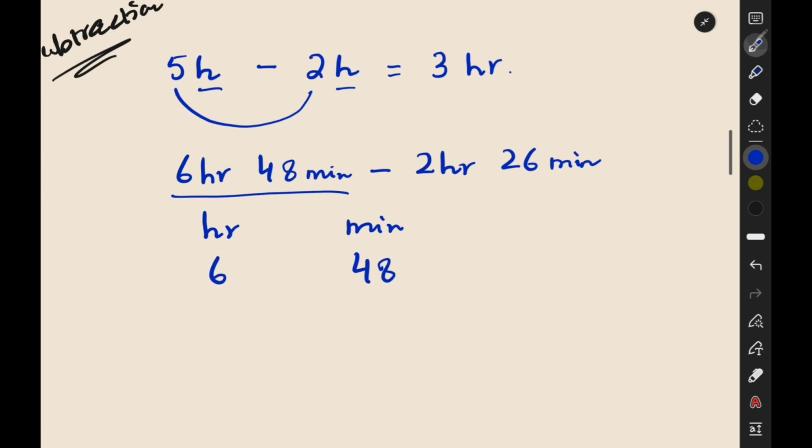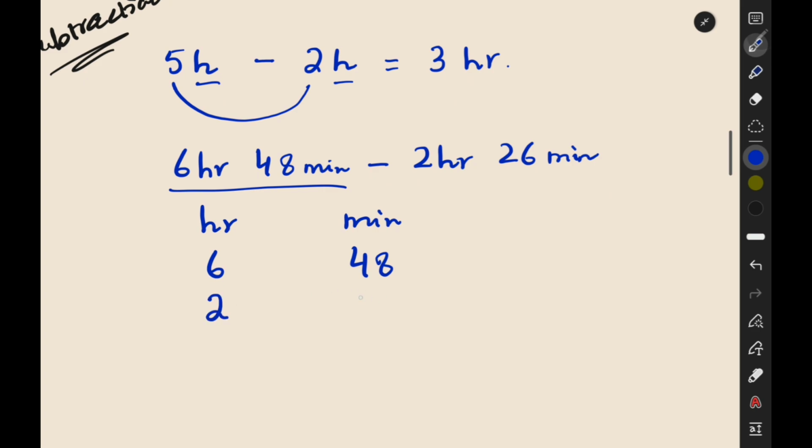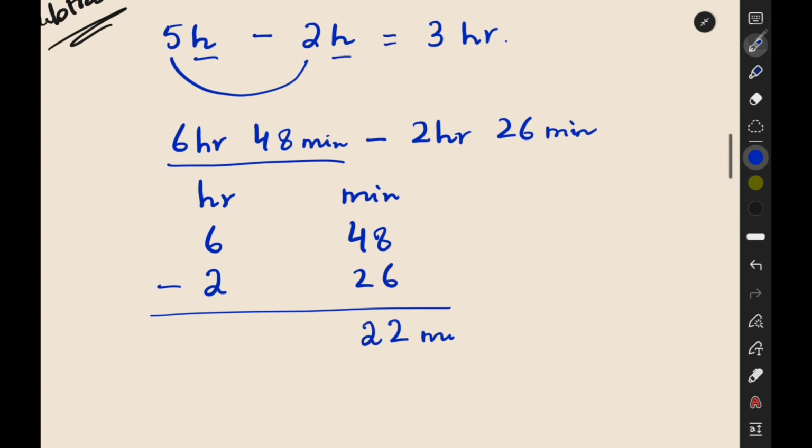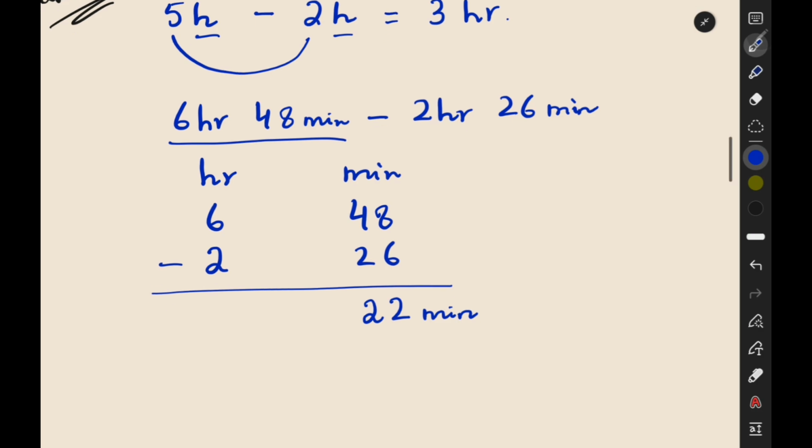The next one is 2 hours and 26 minutes. We subtract first the minutes. 8 minus 6 gives 2. Again 4 minus 2 gives 2, so 22 minutes. And then the hours, 6 minus 2 gives 4 hours. So the answer will be 4 hours 22 minutes.